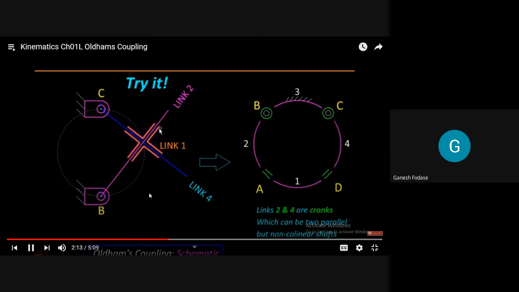One more thing, remember: will links 2 and 4 act as a crank here? Will link 2 and 4 rotate about C fully? No? Or yes? We'll see it. And this one is link 1 forming the prismatic pair. I told you this theory.